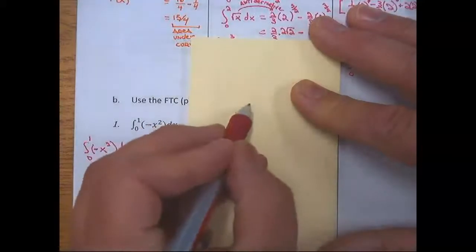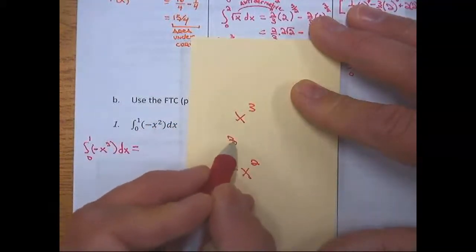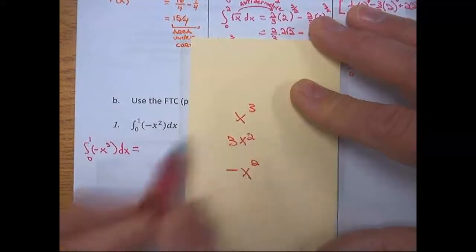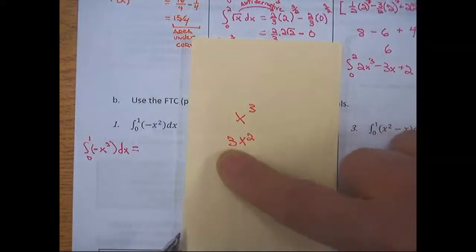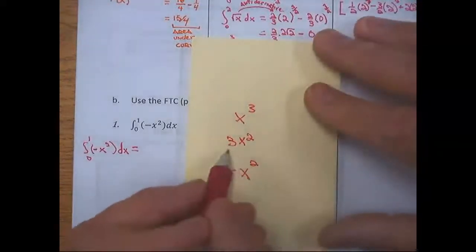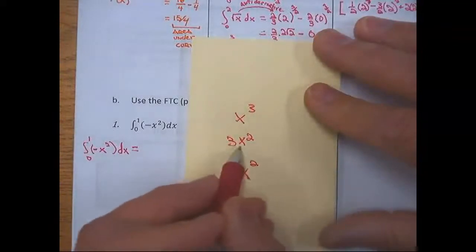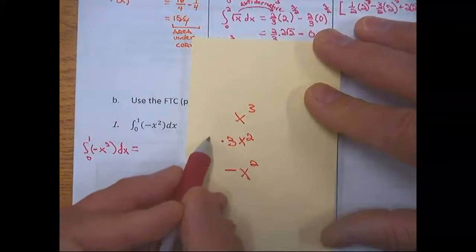Mm-hmm. Okay, so if I did the derivative of that, it would be 3x squared, but I want it to be negative x squared. I don't want the 3 there. So what would I have to do to this? Would you times it by -1/3?